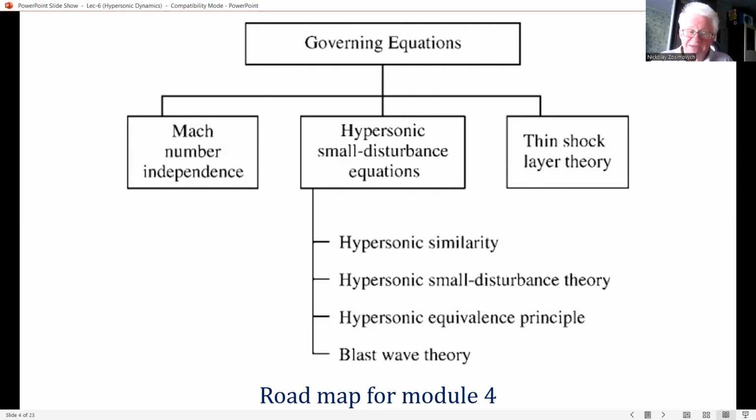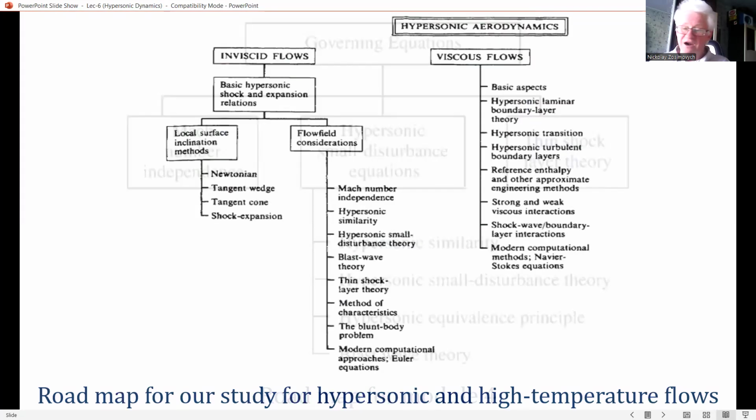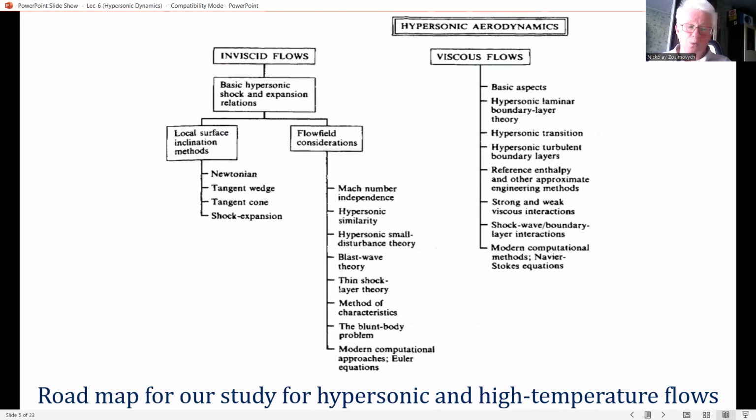Similarly, our examination of the hypersonic small disturbance equation and the boundary conditions in the same lecture has led to the important conclusion dealing with hypersonic similarity. But in both cases, we did not actually solve the governing equation. Okay? This is as far as we can proceed in such a fashion.